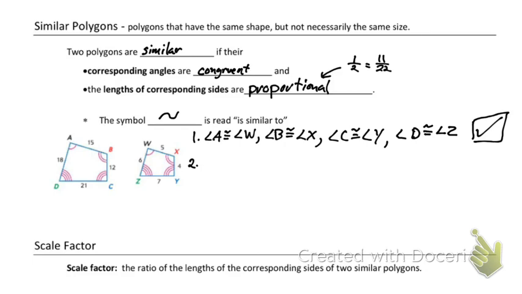It's almost like when we had two congruent triangles. The one that goes from A to B, since those two are our congruent angles, this side is going to correspond to this side. They're basically the zoomed in version of that side. So AB is going to correspond to XW.